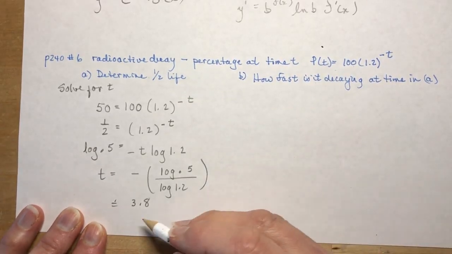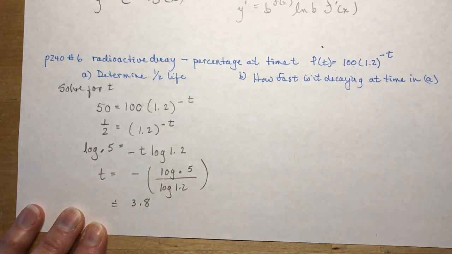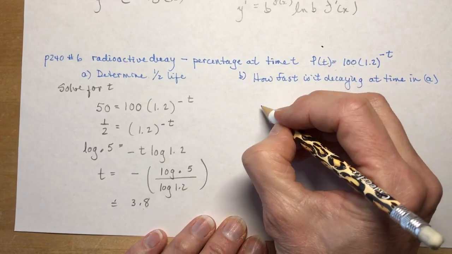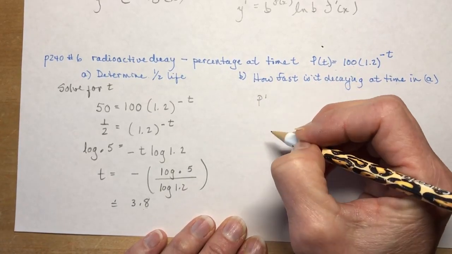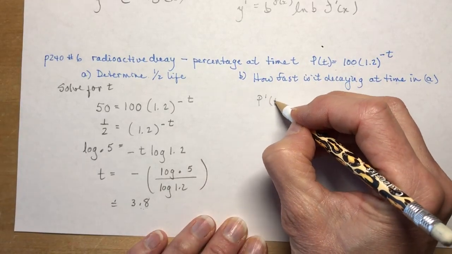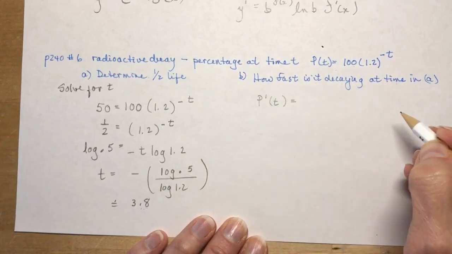Okay, so now that I know that this is the time, I want to figure out how fast is it decaying, which means I need the derivative. So I'm going to be trying to find p prime at 3.8, but let's just find p prime at t first.